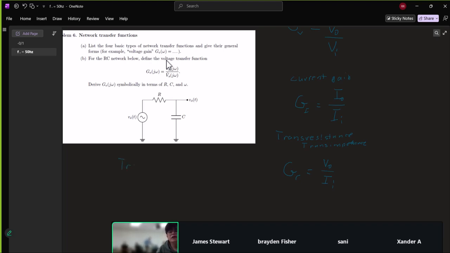And you can also have transadmittance. Admittance is the reciprocal of resistance. And so you have GY is I out over V in.